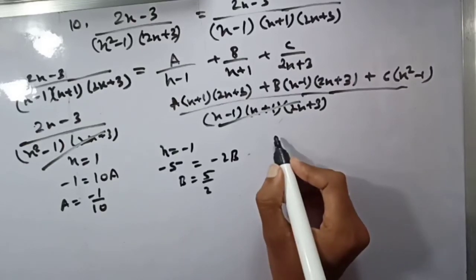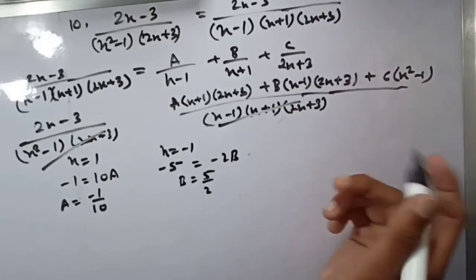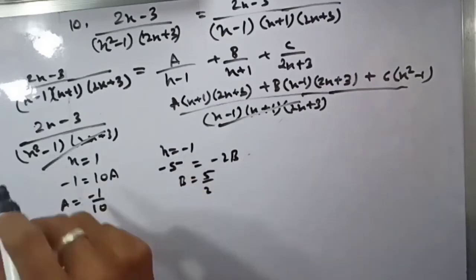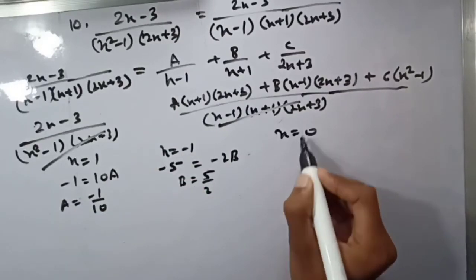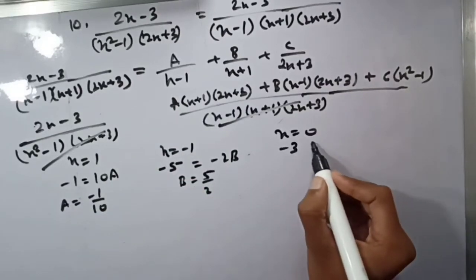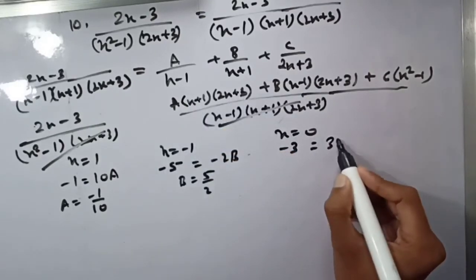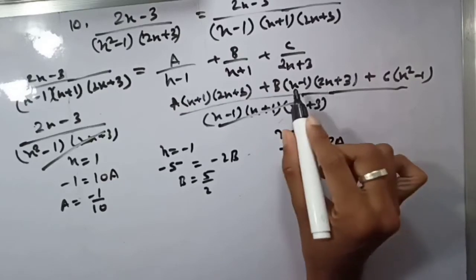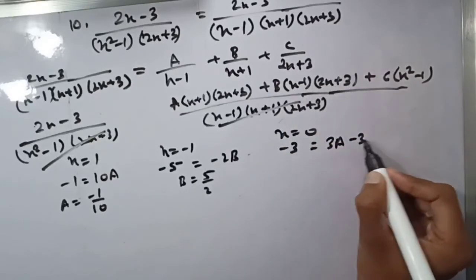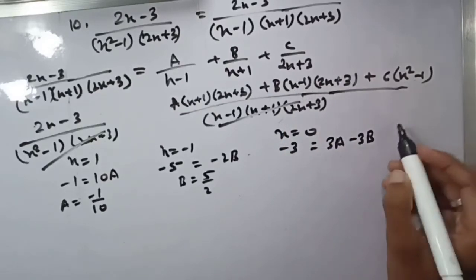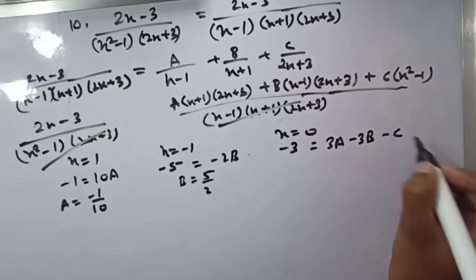And if you put the value of x equals to 0, we get c. Okay, in both the equations we are putting x equals to 0. It is minus 3 on the left, and on the right it is 3a, minus 3b, minus c.